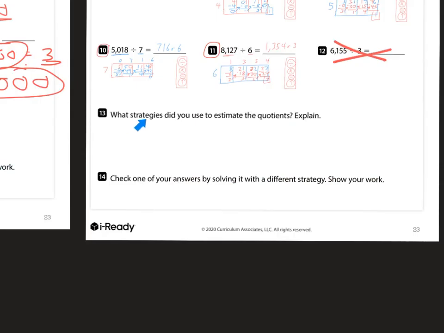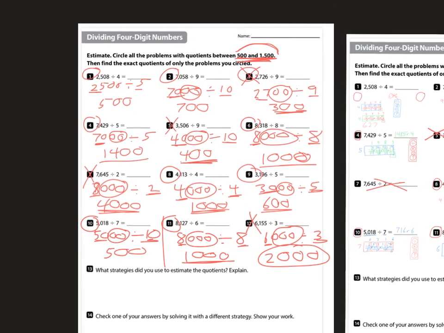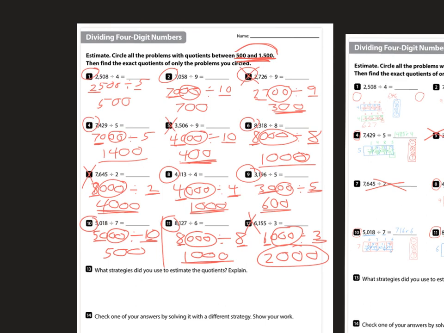Number 13, what strategies did you use to estimate the quotients? Explain. So when I got my estimates of everything, it's plain and simple, guys. You need to know your multiplication facts. If you know your multiplication facts, you can do most of this in your heads. I set up my problems to where I could easily put 5 into 25.